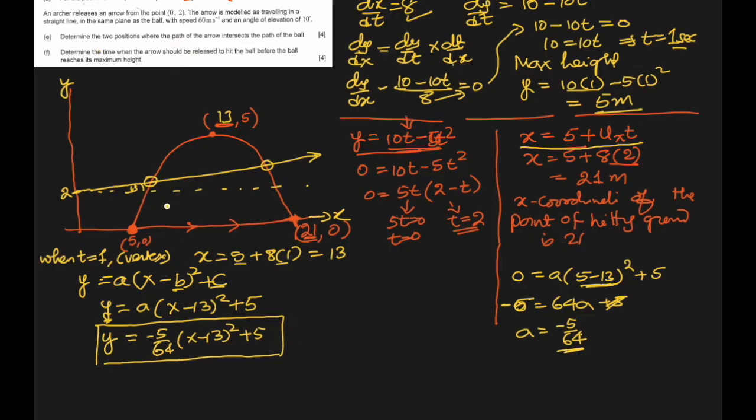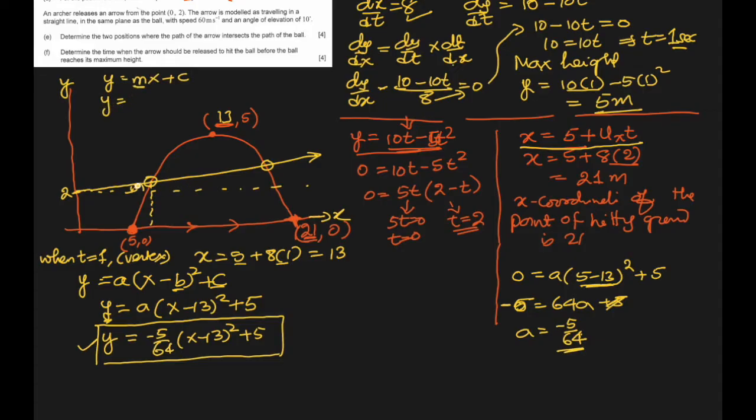Okay. So at this particular position, the y component of the ball and the arrow will be same. We know the equation for y here, but we don't know the equation for y here. And we can use y equal to mx plus c for this, because they confirmed it's a straight line. So it will be what? y equal to m.